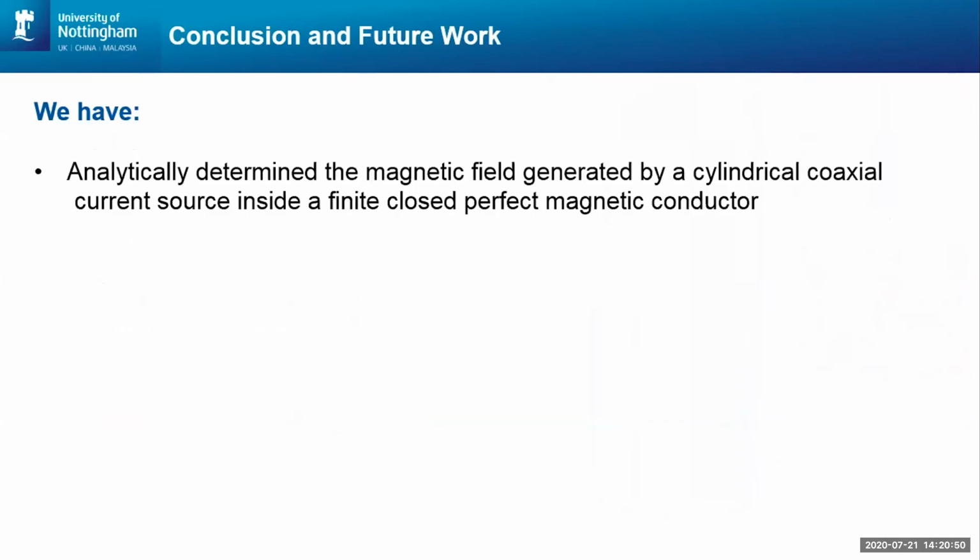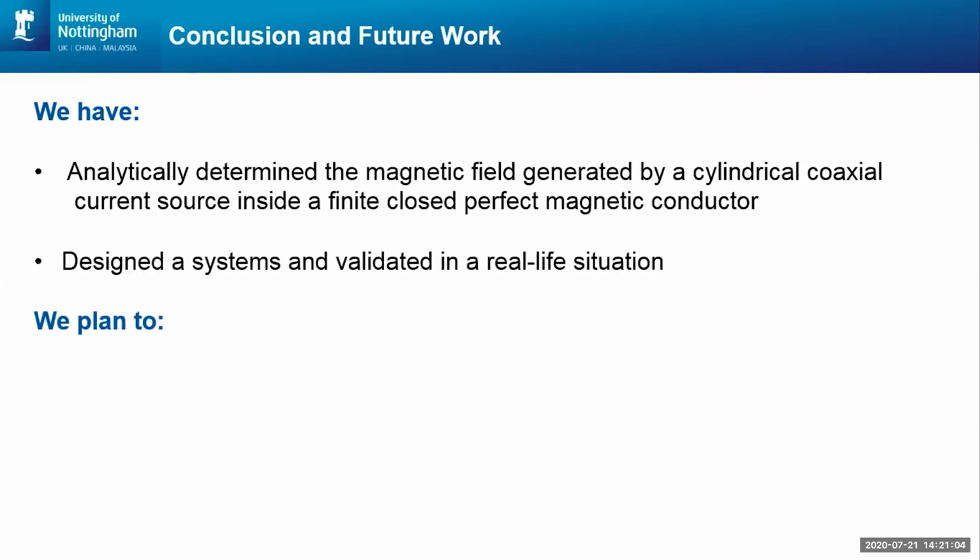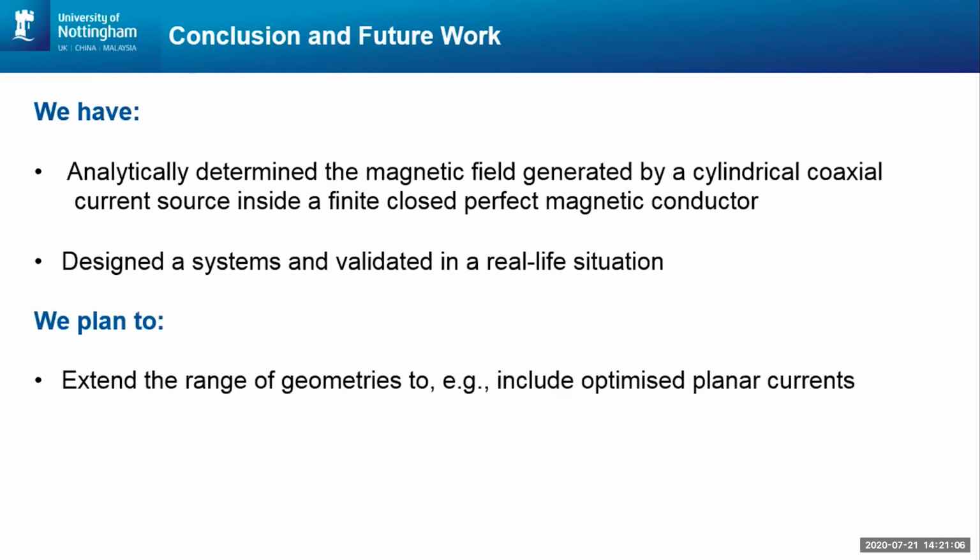Conclusions and future work. What we've done is analytically formulate the response of a high permeability cylindrical magnetic shield to a cylindrical current source and incorporate this effect into an optimization procedure that allows the design of accurate magnetic fields in real world situations. We plan to extend the range of geometries for which we can effectively optimize coil designs.